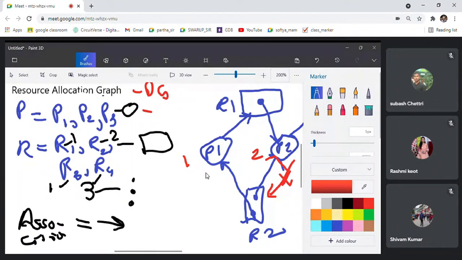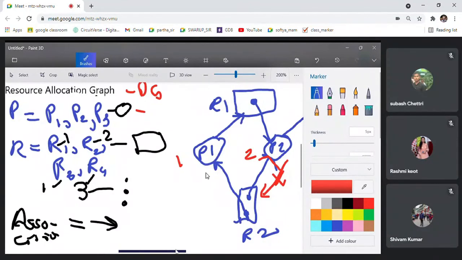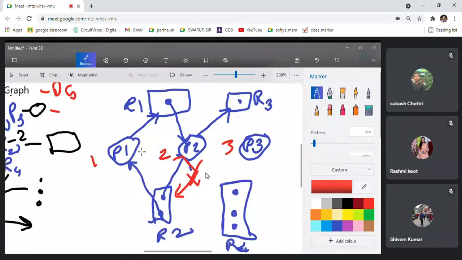Okay, so now in an exam or competitive exam, they may give you this resource allocation graph, and they may not use the annotation P. They will use circles, rectangles, dots like this, but instead of P1, they might just use 1, 2 and 3, and here also 1, 3, 2, 4.